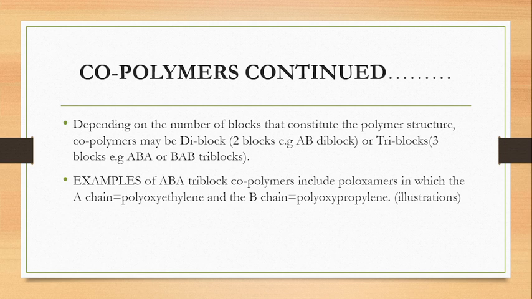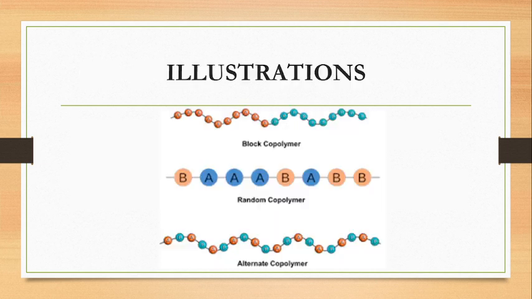So copolymers continued. Depending on the number of blocks that constitute the polymer structure, copolymers may be diblock, triblock, or may have more than 3, that is about 4, a tetrablock. So that is dependent on the number of the blocks that we have in that chain.